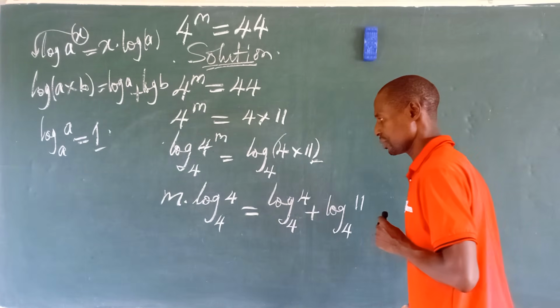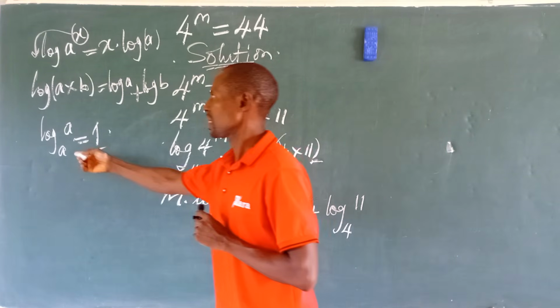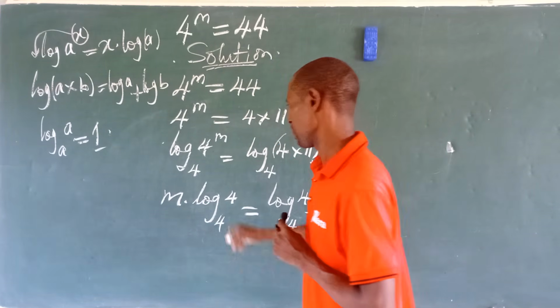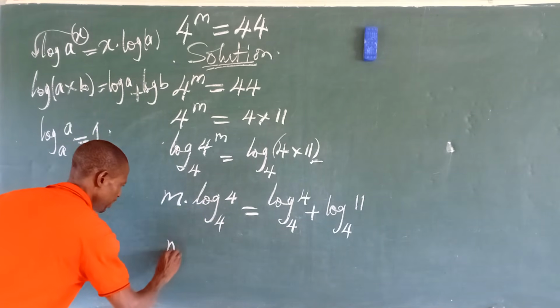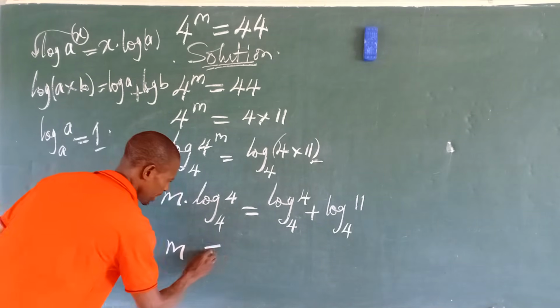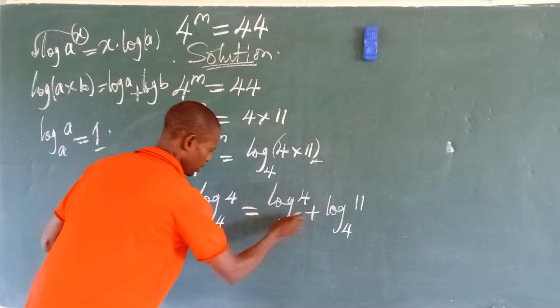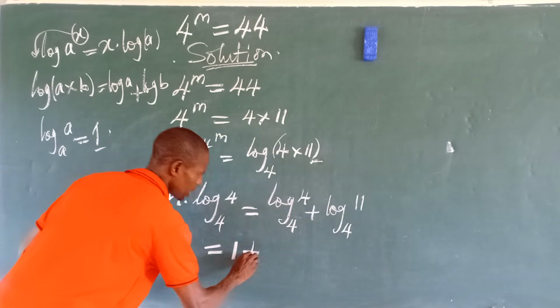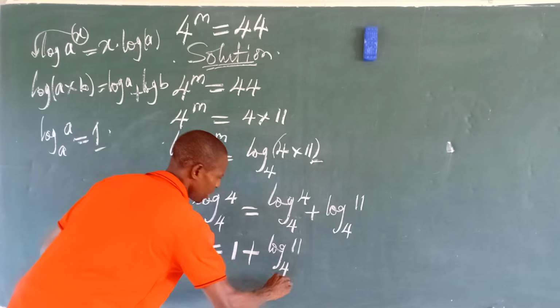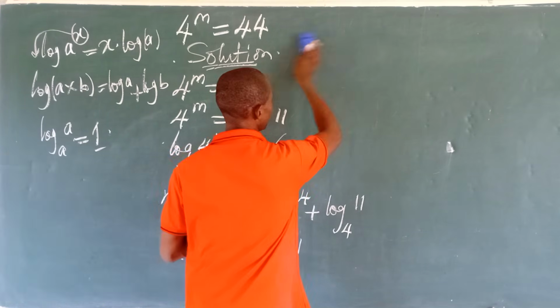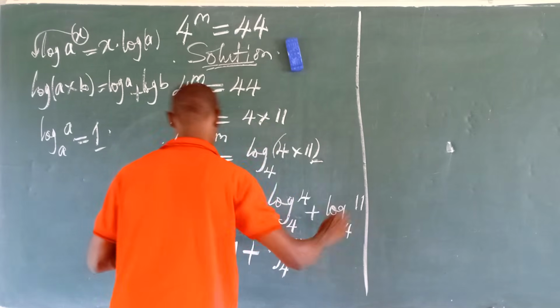So from here, we apply the same base law to this here. So this is going to give us 1. This is going to give us 1. So we're going to have 1 times m, which gives us m equal to 1 plus log 11 base 4. Right? Good.